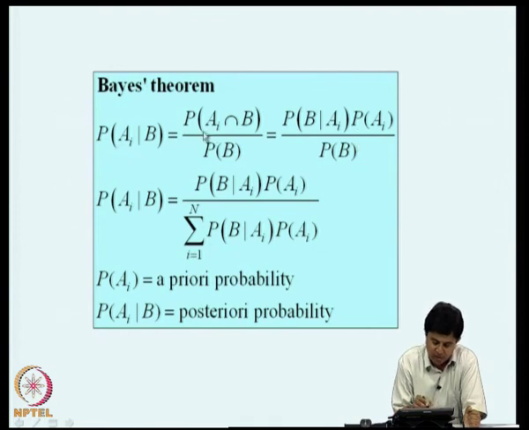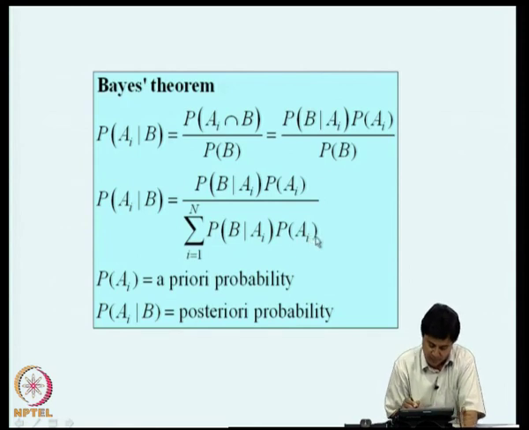The probability of Ai conditioned on B is given to be this, the probability of Ai intersection B divided by the probability of B, and this itself can be written in this form. Now for the probability of B, I will use the total probability theorem and write it in this summation form.